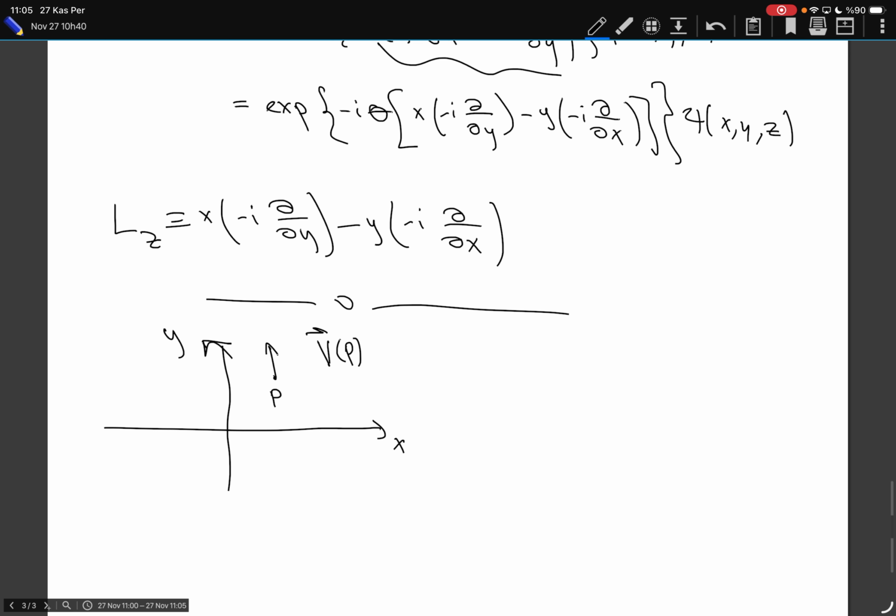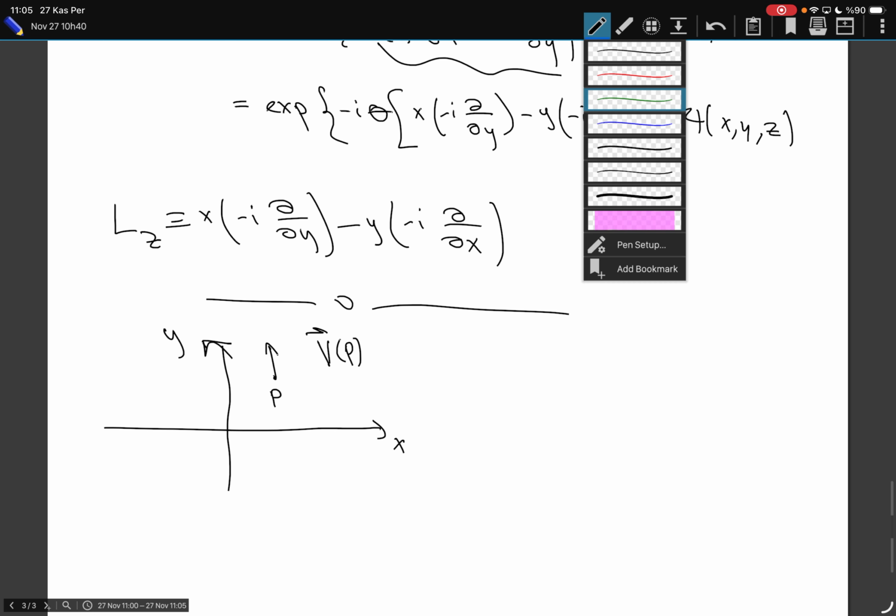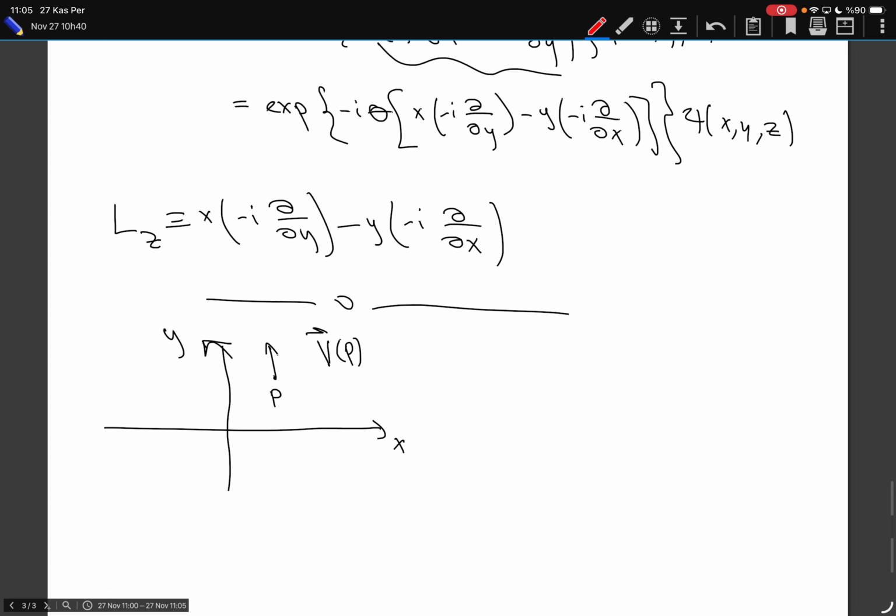Now let's imagine I rotate this whole thing. If I rotate the point P, now that point will be here. This is P prime. But while I'm rotating my wave function, I'm also rotating the direction. Now it is pointing in this direction.